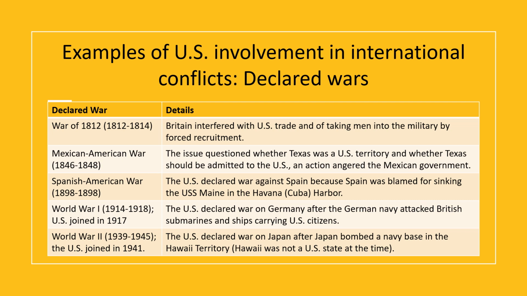And so even though it was the responsibility of the United States through President Wilson to negotiate the treaty that would create the League of Nations, the United States never joined the League of Nations because the United States Senate refused to ratify the Treaty of Versailles.